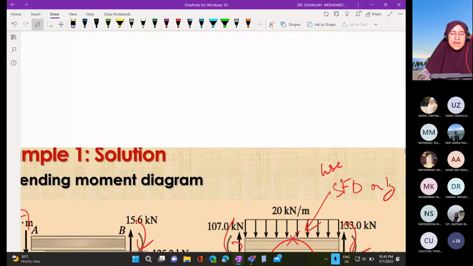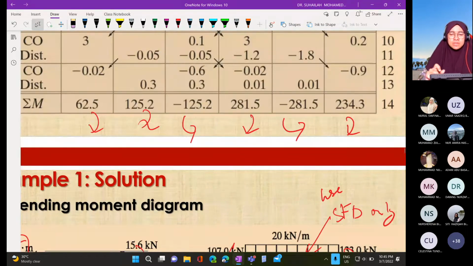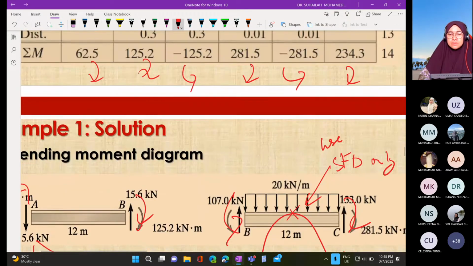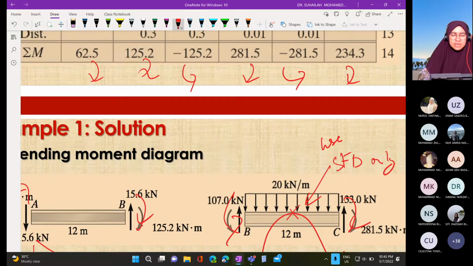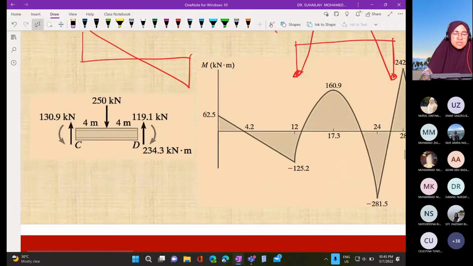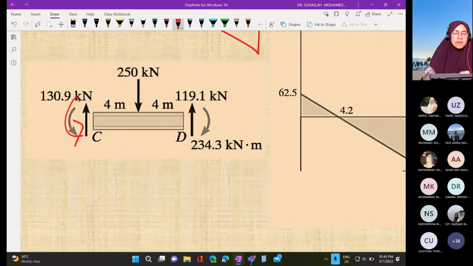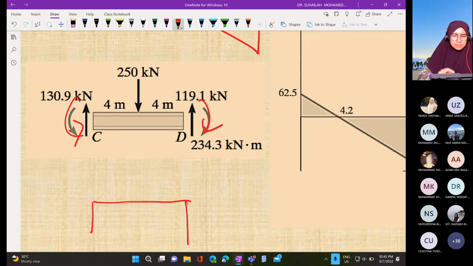Okay, and for the last one, for member CD, we get direction negative and positive, like this, one negative, one positive, means that in the bending moment diagram, we get like this.